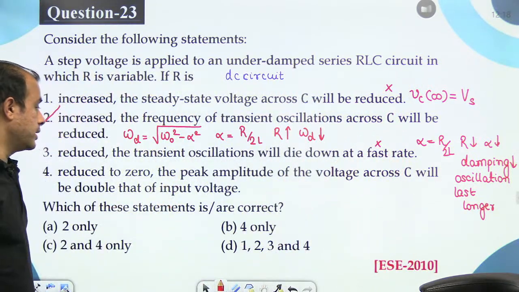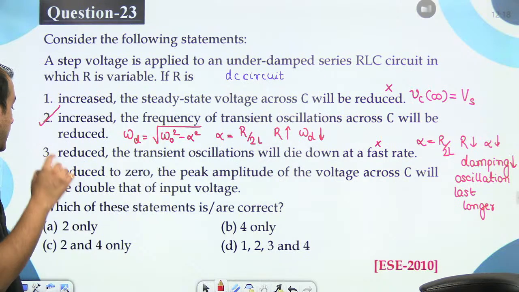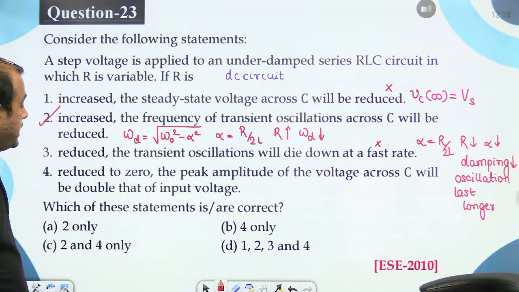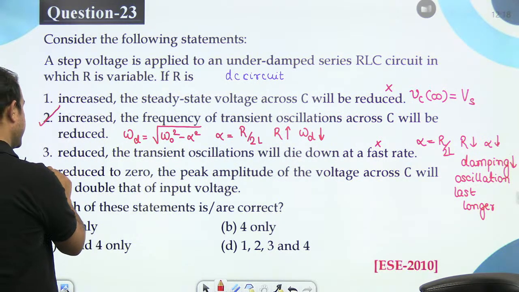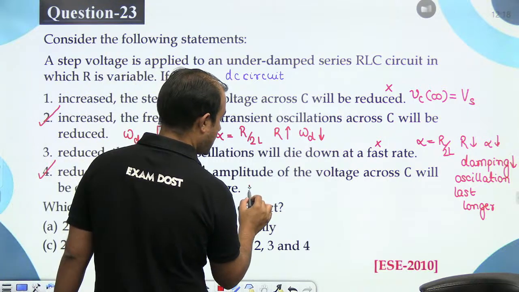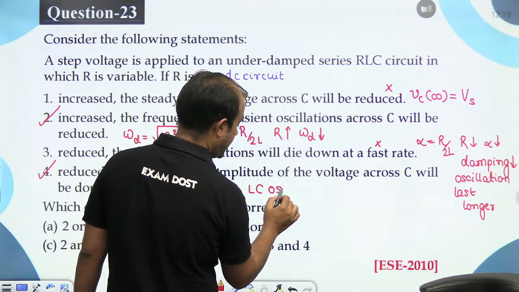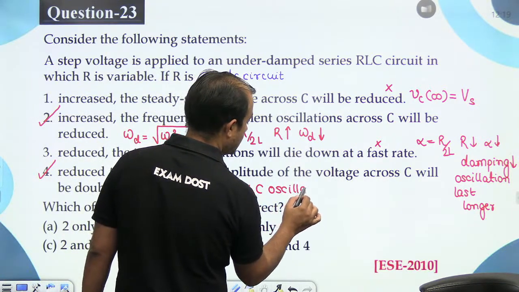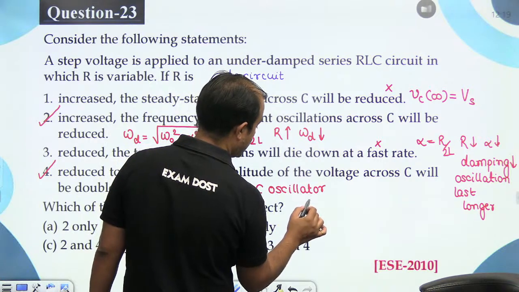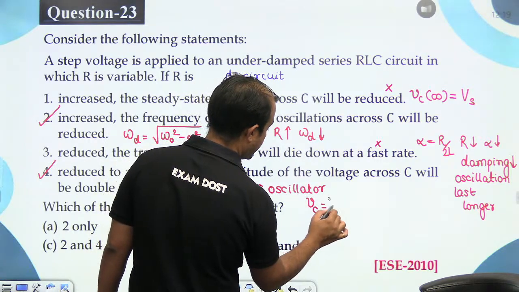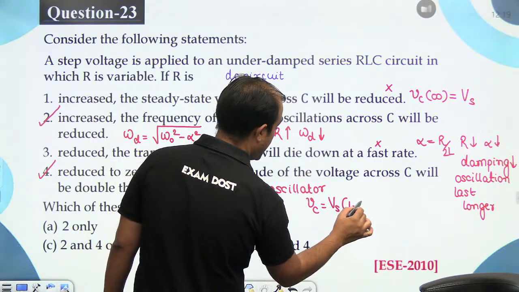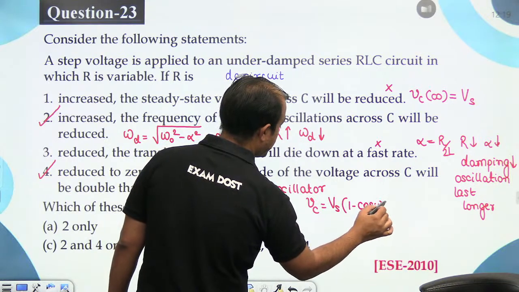Reduce to zero. अगर R को zero किया, capacitor peak will be double the input voltage. This is correct. This will now become a LC oscillator. If you make R equal to 0, this will become a LC oscillator. Capacitor voltage will be Vs (1 minus cos omega t).